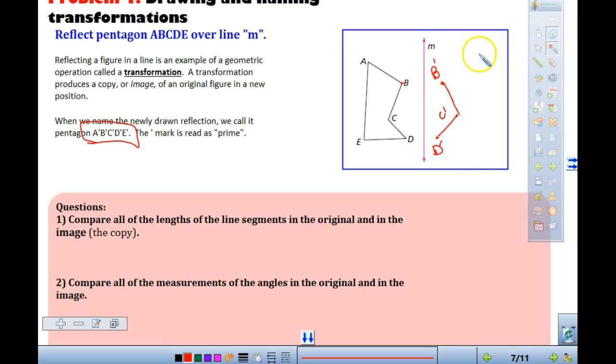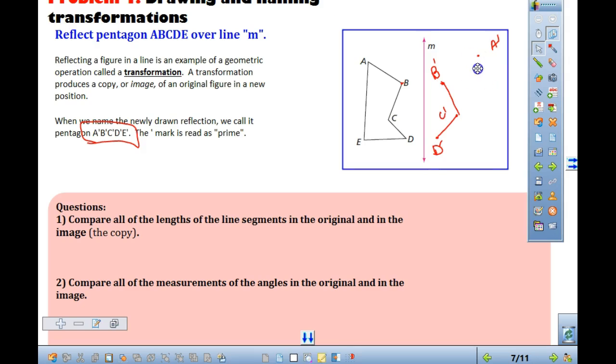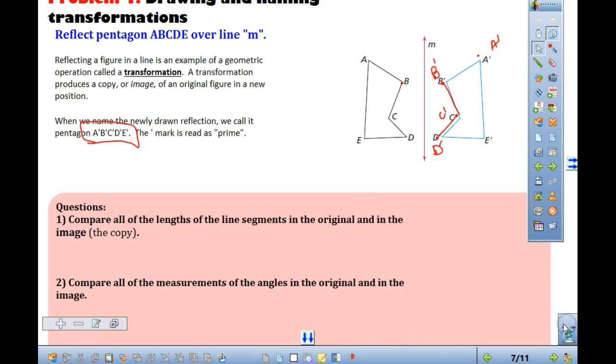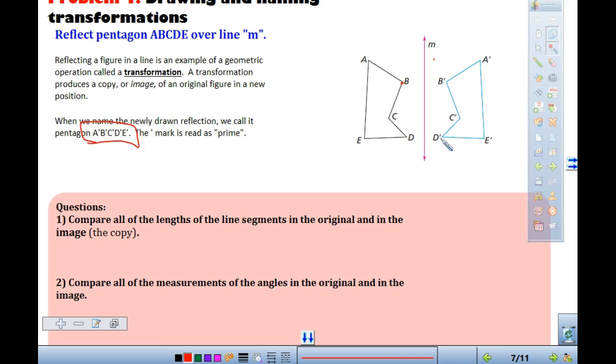Do the same for point A. We're going to call that our A prime and E prime. So if you are looking at yours, it doesn't have to be exact, but you're going to have each of these points.